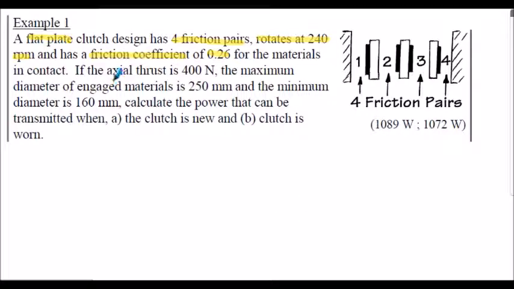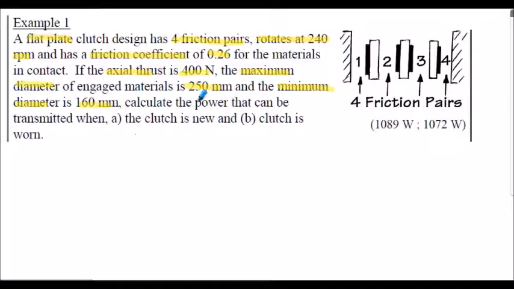The axial thrust applied, forcing these friction surfaces together, is 400 newtons. That's W. And from geometry, the maximum diameter of the surface is 250 millimeters, and the minimum diameter is 160 millimeters.